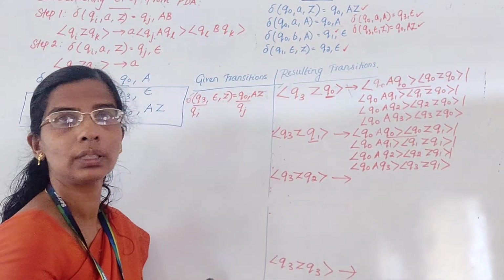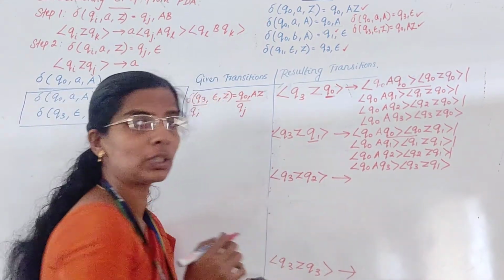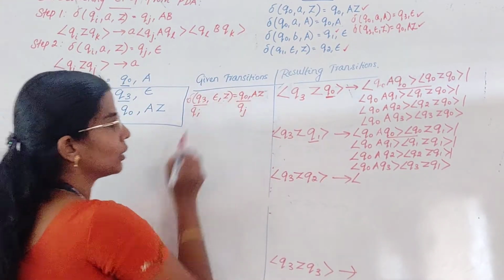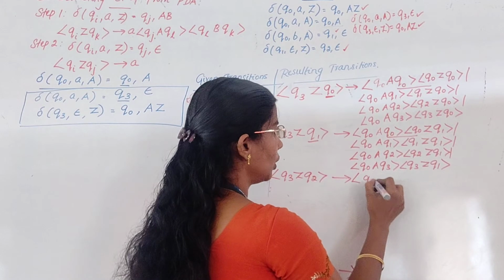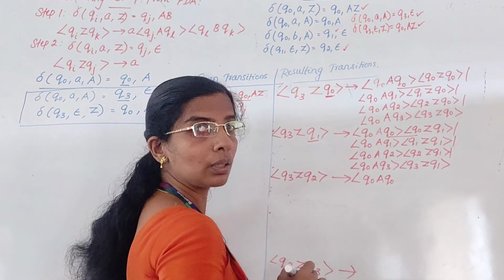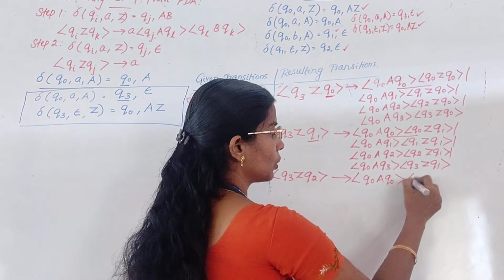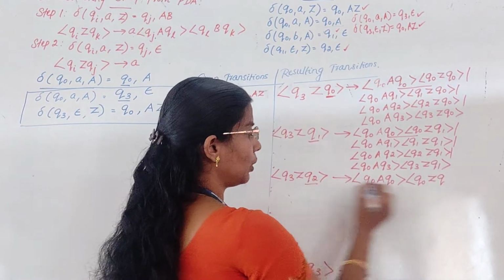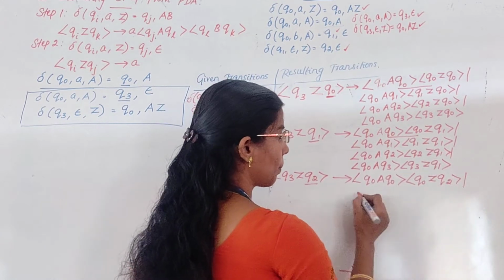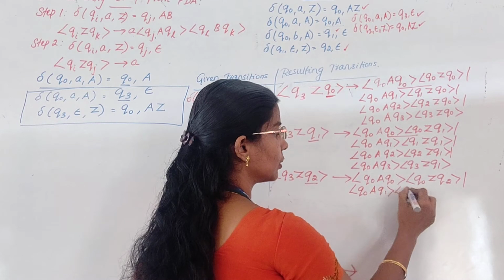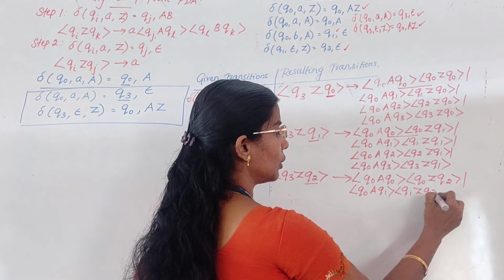Is the board visible? Yeah. What is my Qj? Qj is nothing but Q0. So Q0, A. The first possible L value is Q0, Q0 set. What is your K value now? Q2. Next, Q0, A, Q1, set Q2.